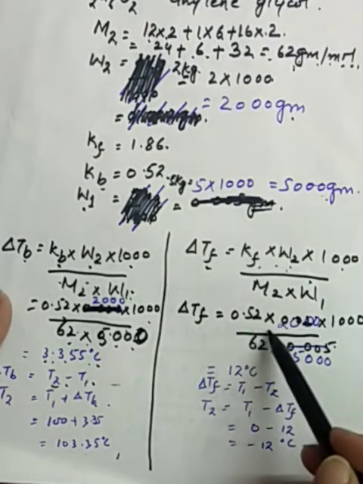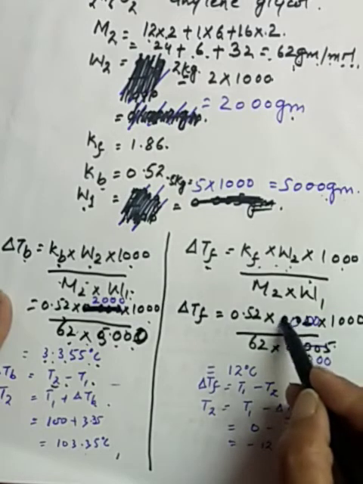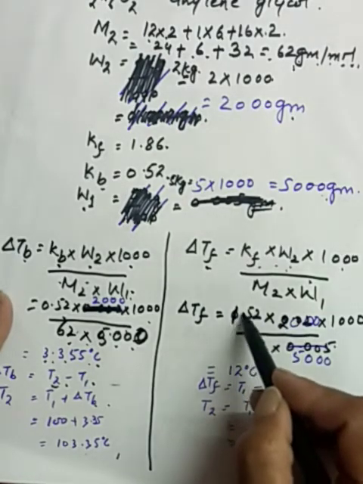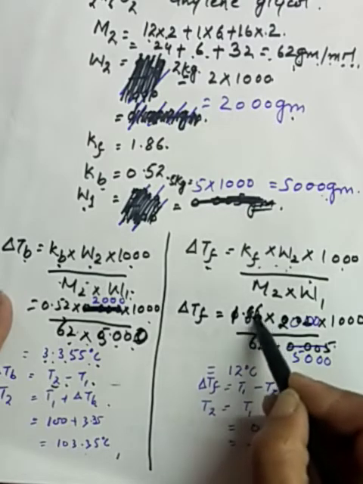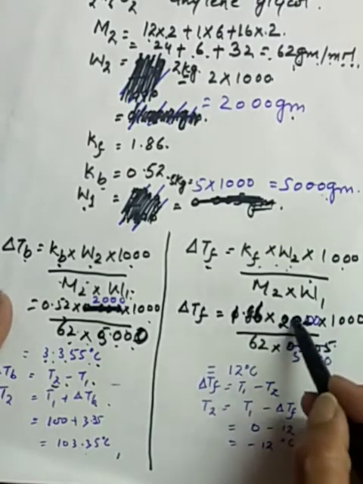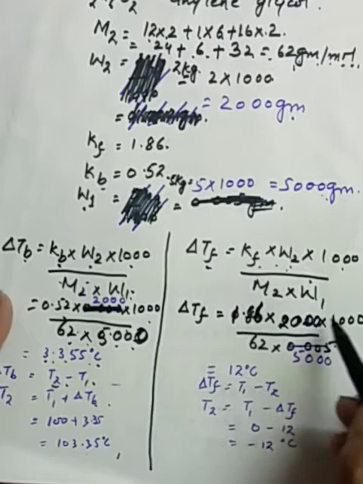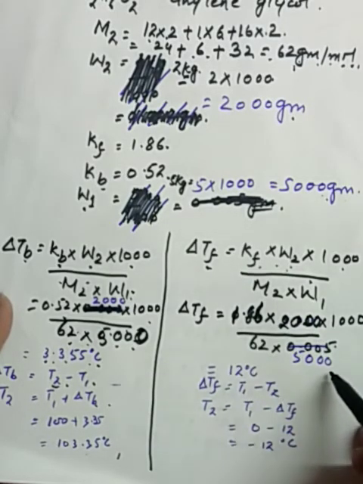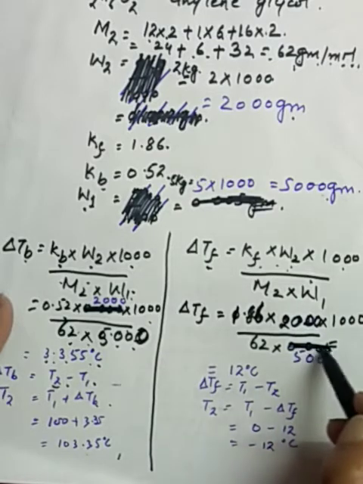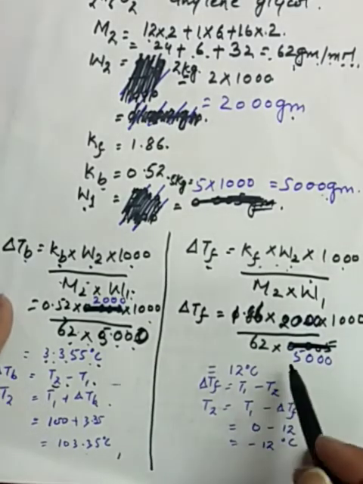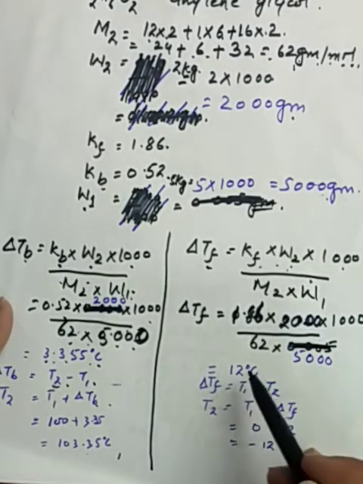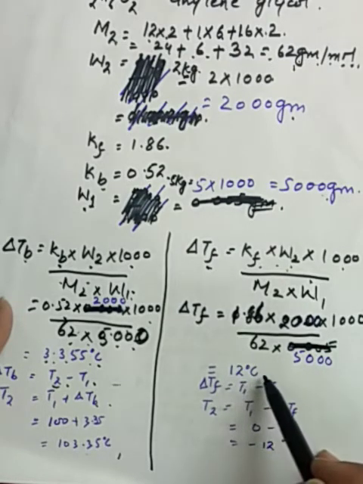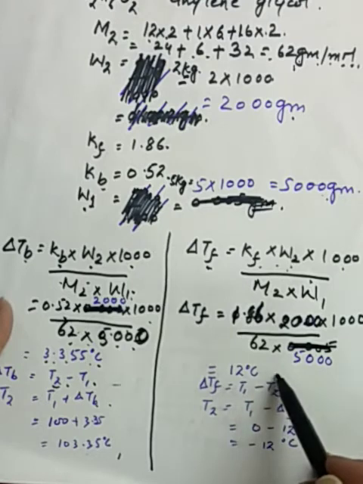Delta Tf is equal to 1.86 multiplied by 2000 multiplied by 1000 divided by 62 multiplied by 5000. When we calculate, its value is equal to 12 degrees centigrade.